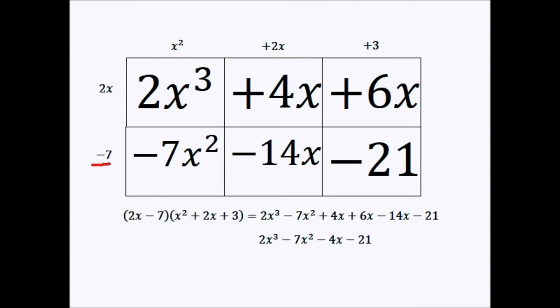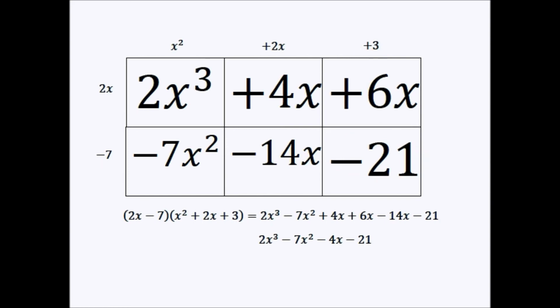Then we do negative 7 times x squared, and it gives us negative 7x squared. Negative 7 times 2x gives us negative 14x. And negative 7 times positive 3 gives us negative 21.